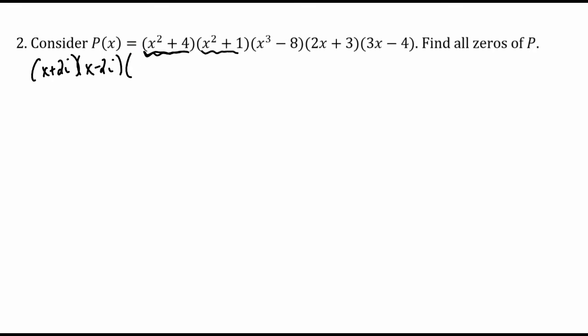X squared plus 1 is x plus i, x minus i, using that same idea that we did in the previous lesson. X cubed minus 8 is a perfect cube. So that factors as x minus 2 times, we'll square the first, opposite sign, their product, square the last, always positive.